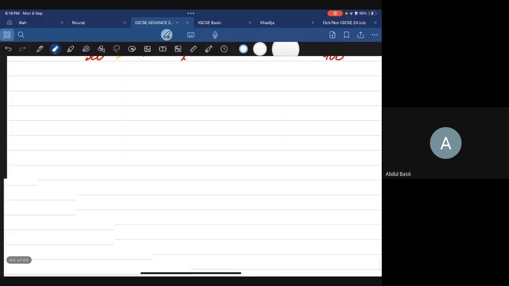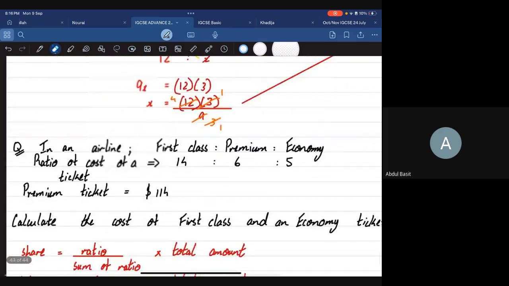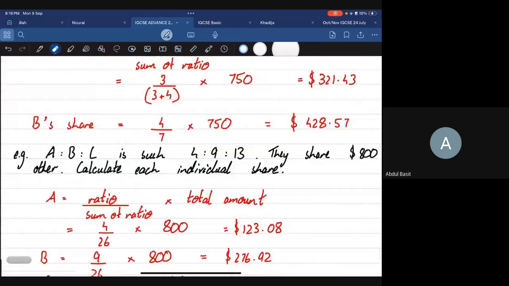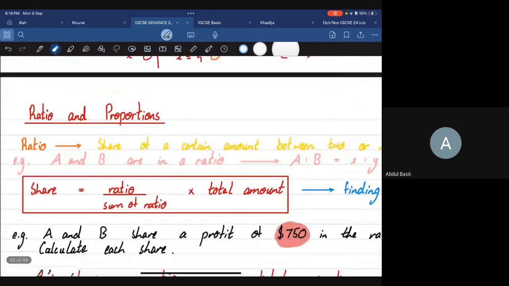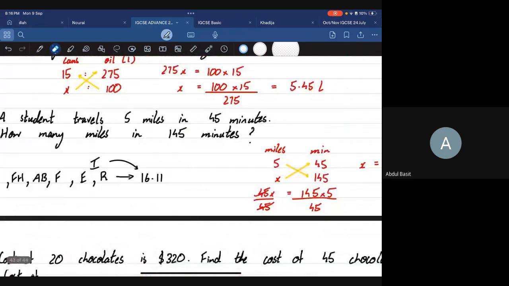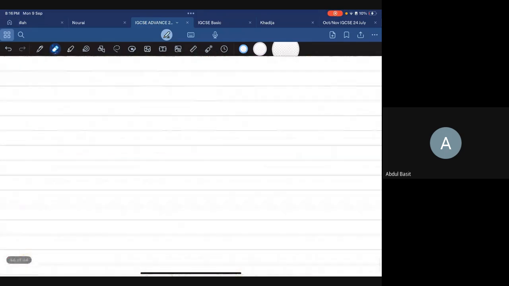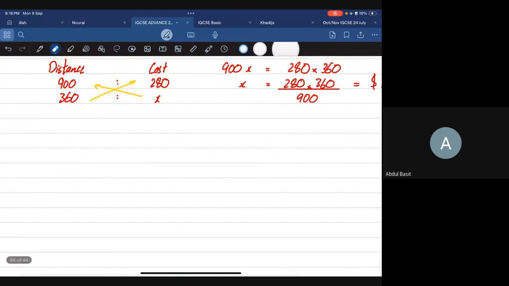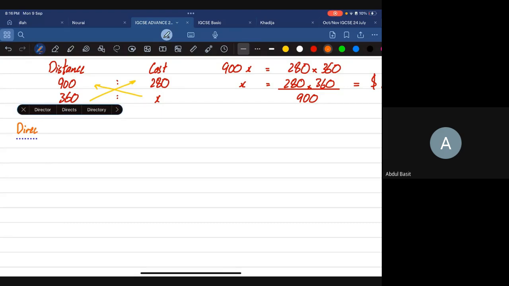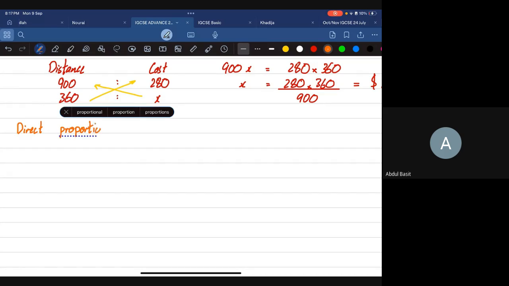Let's start off with direct proportion. We have done this already, so I will be expecting answers from you. Two quantities are said to be directly proportional if they increase or decrease by the same ratio.